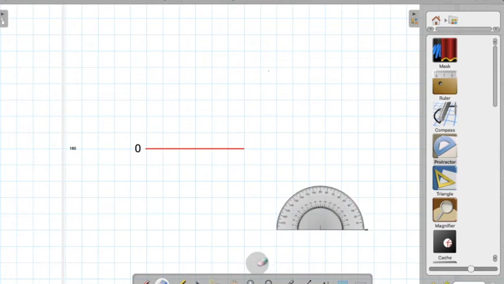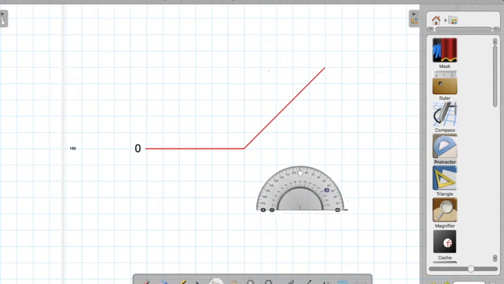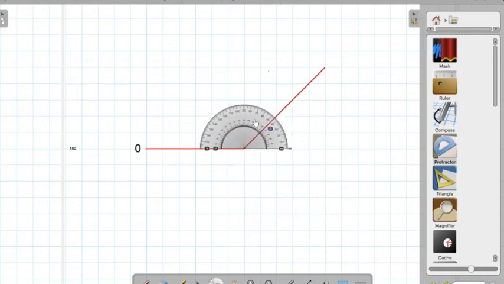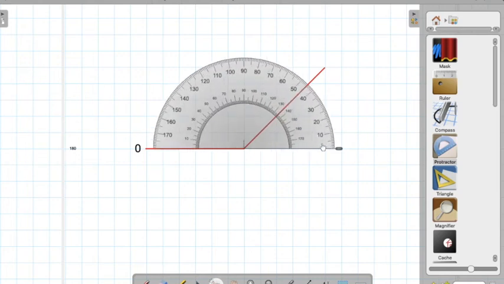I know how to measure angles, though. Okay, watch this. Let's measure this and do the same kind of thing. I go for the 45, right about there, and then let's check that. Now I'm going to tell you something. This is bigger than a 90-degree angle, something I know by looking at it.